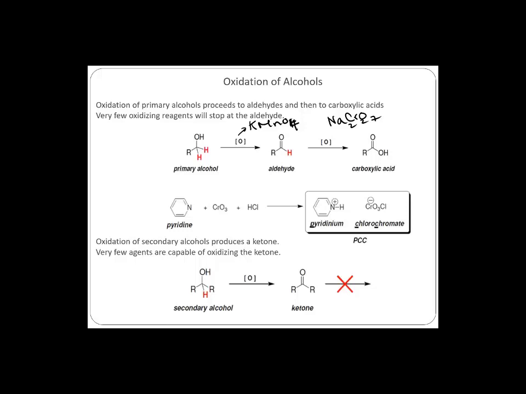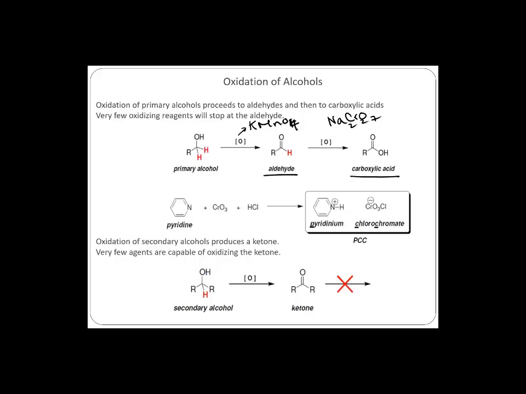So we can represent those generically with an O in the square brackets. One of the problems is with the aldehyde, aldehydes are so reactive that they can keep being oxidized and they will go to a carboxylic acid. So that's something to keep in mind.